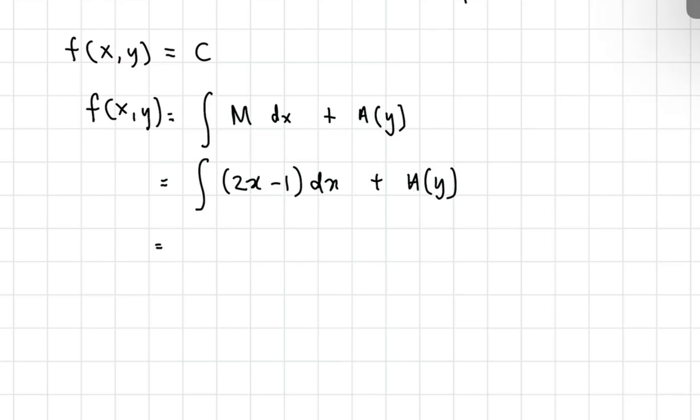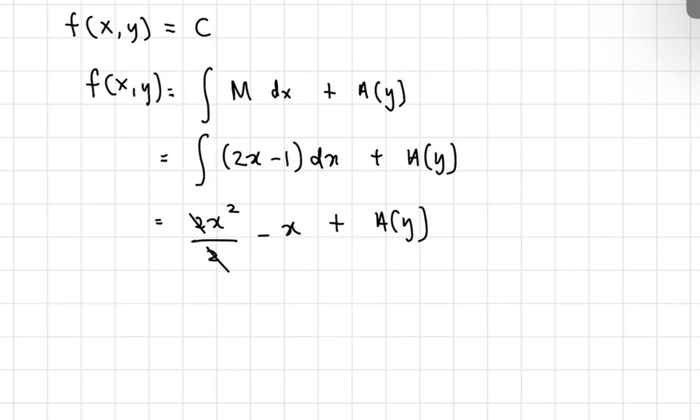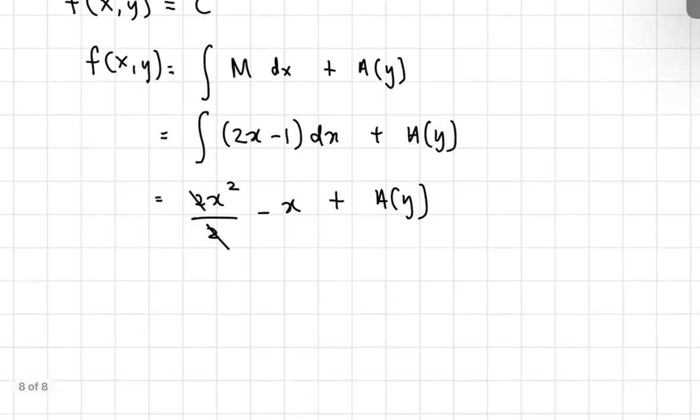First we have 2x, so integrating 2x we have 2x squared over 2, minus 1, so minus x, and then plus A(y). So 2 over 2 is 1, so we have x squared minus x plus A(y).